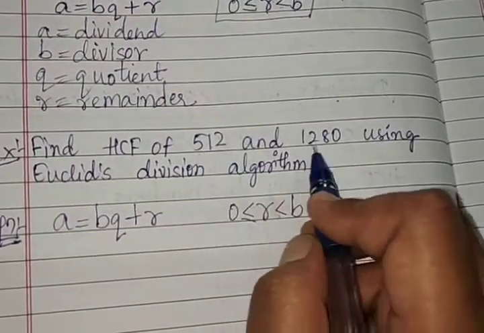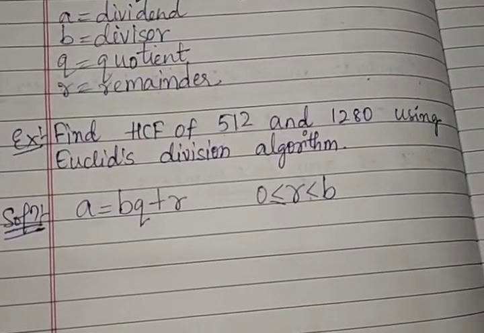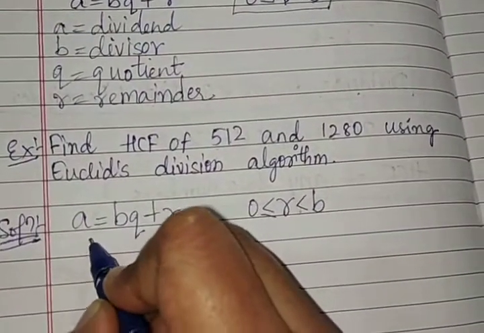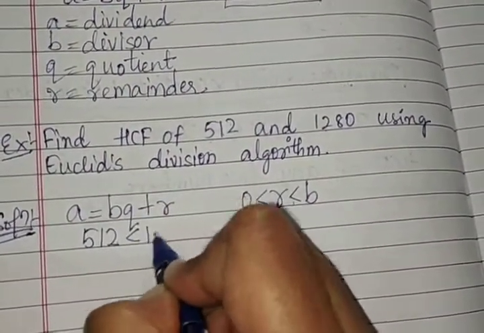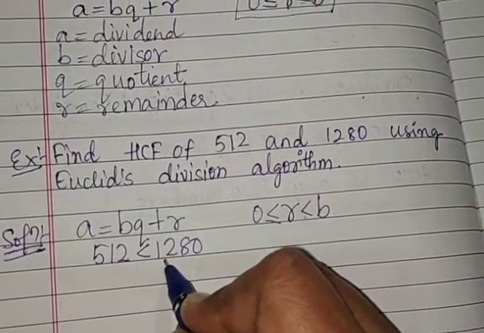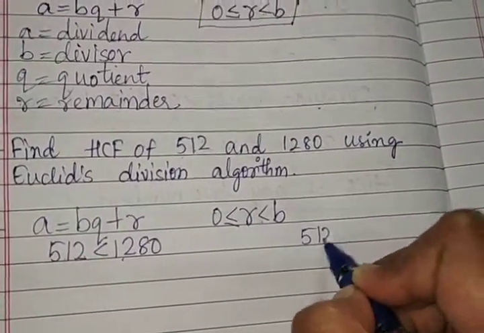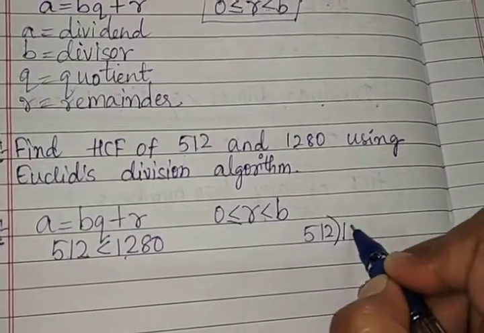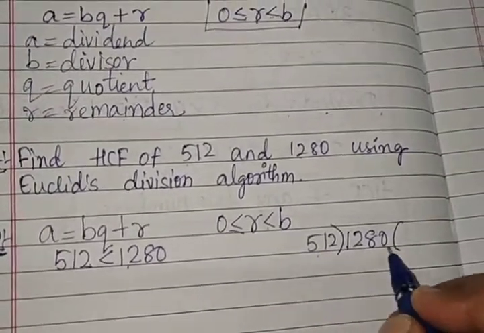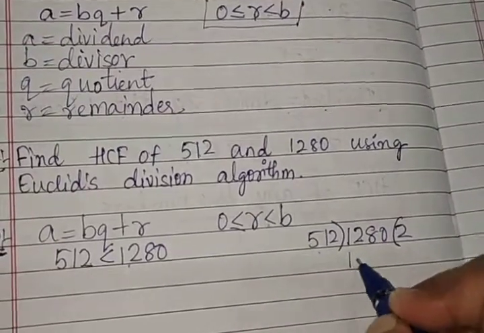Now how are we going to find the HCF of these two numbers? It is very simple and very easy. First, identify which is the greater number amongst the two. The greater number here is 1280. So 512 is smaller than 1280, and because of that we will divide 1280 by 512. 512 twos are 1024.